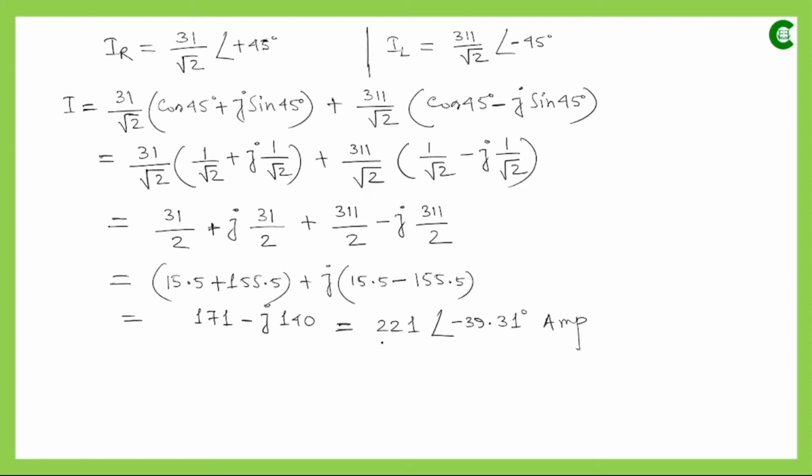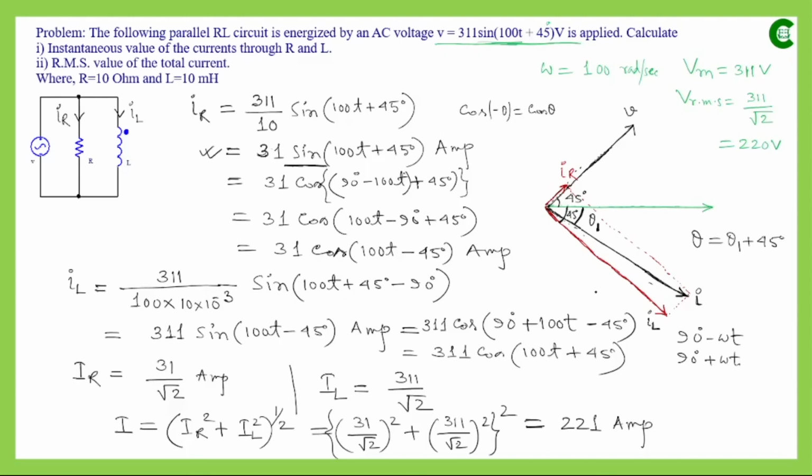That means the RMS value of the total current is 221, which we already obtained in our first approach, and this time the phase angle is minus 39.31 degree, and this phase difference is basically the phase difference between I and this reference line.